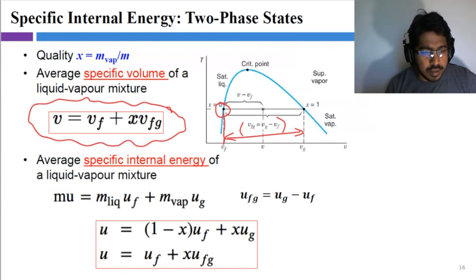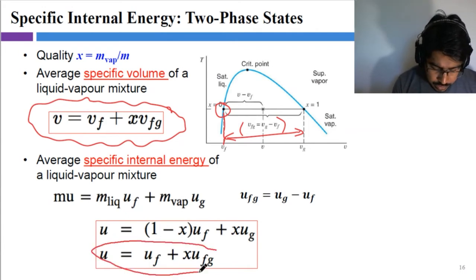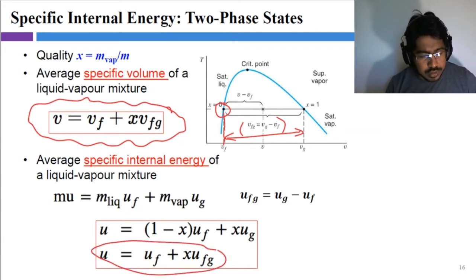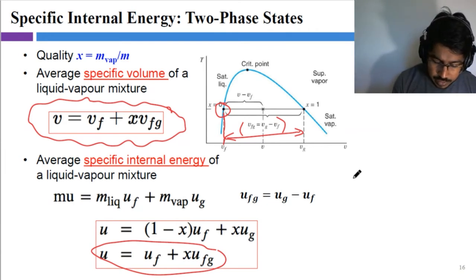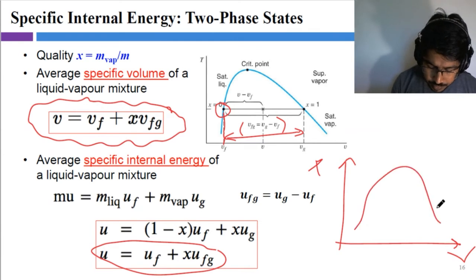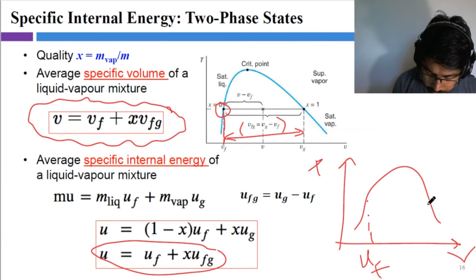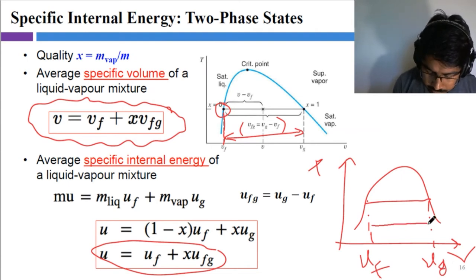Similar to this one, you can use this equation to calculate u equals uf plus x ufg. Basically that says, if we draw the T-v diagram, we have something like uf, and then we have ug, and this distance is called ufg.